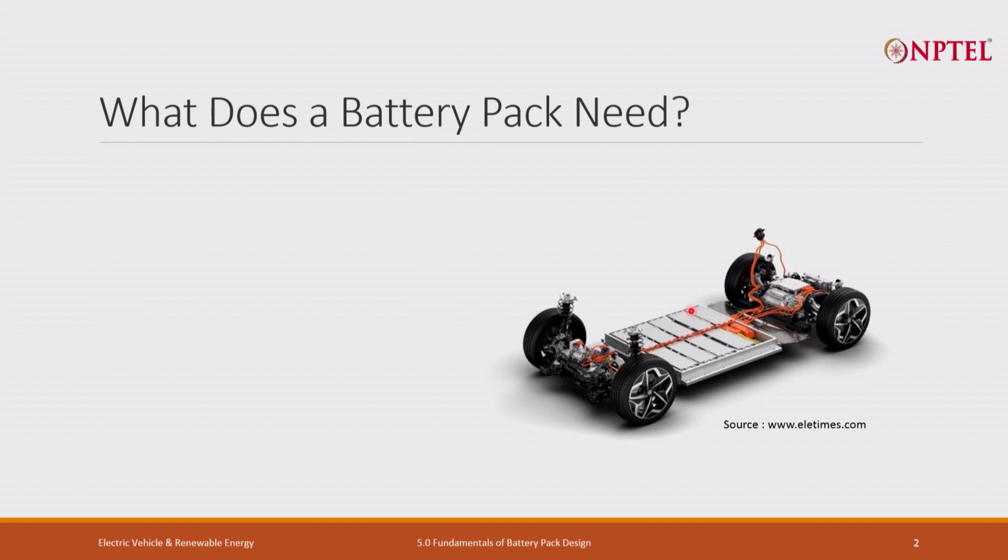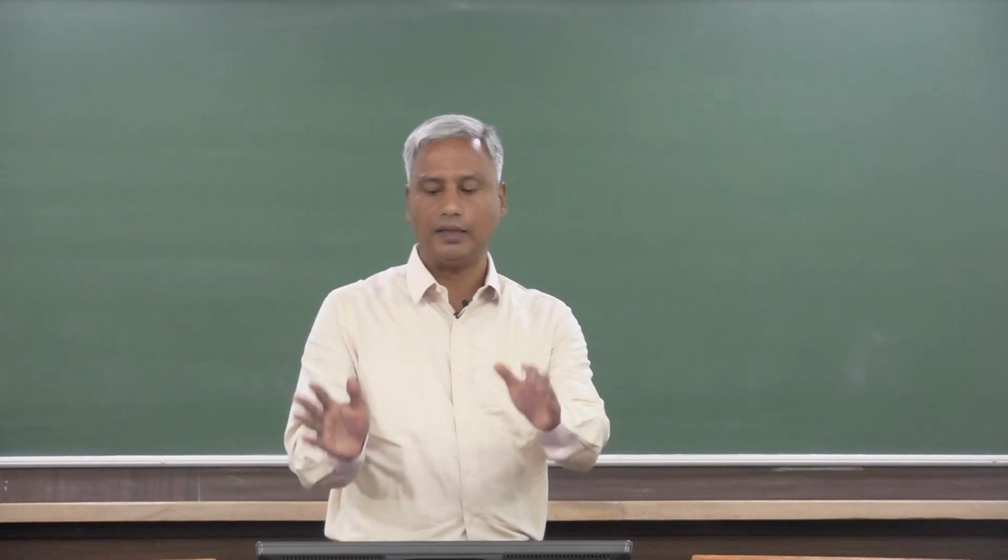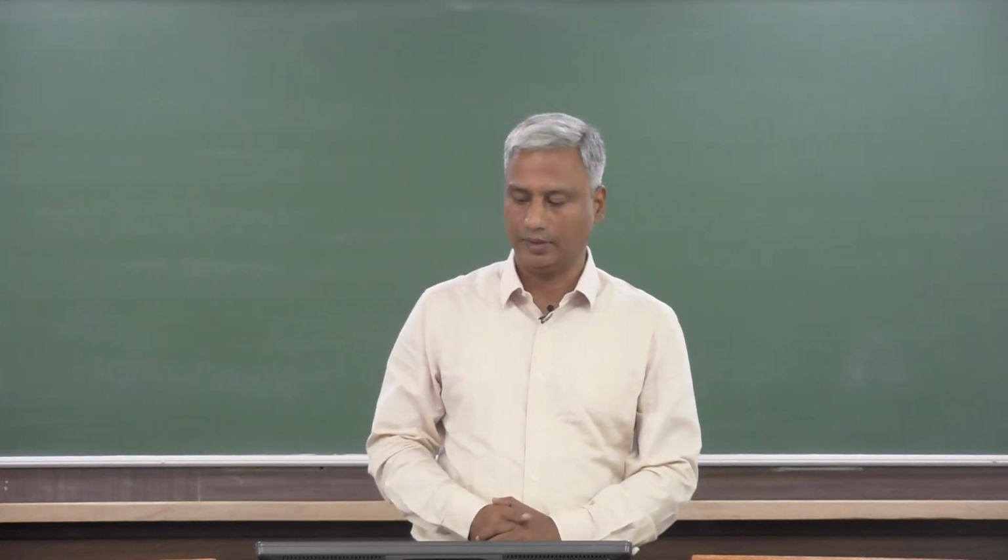Here you see the battery pack, the drivetrain including motors, the wheels, suspension and other parts, and the body comes over this and sits, which also includes other systems like air conditioning. Then you have steering, dashboard, seat belts, airbags, all those things coming on top of this.